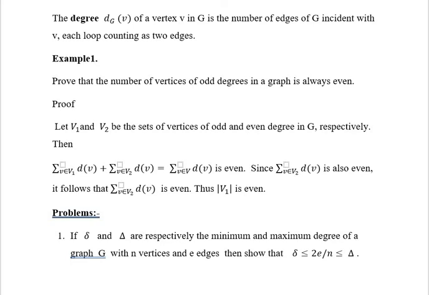So each of the degree values is odd, but the sum is even, which indicates that the number of odd degree vertices should be even. Then only will the sum end in an even value. Hence we have proved the cardinality of V1 is even.